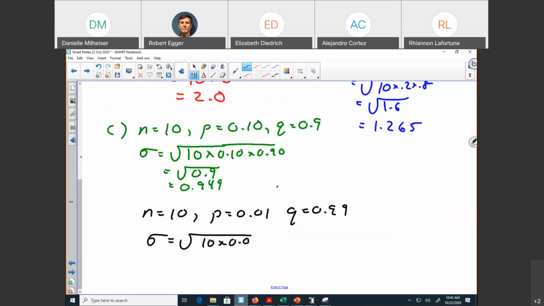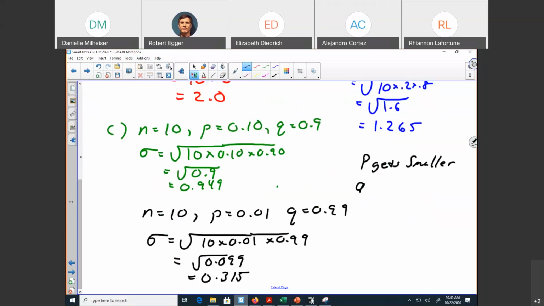N times P times Q gets us to 0.099, or 0.315 for the square root. So generally speaking, as P gets smaller, sigma gets smaller. Interesting observation.